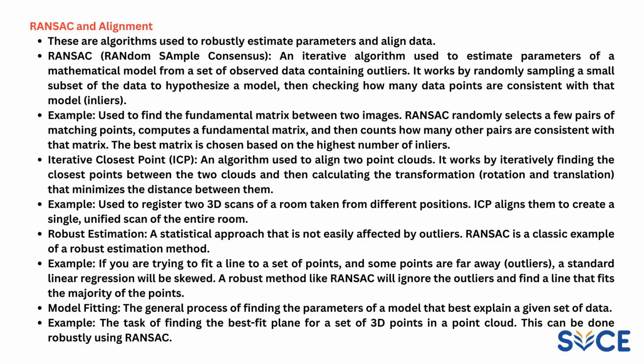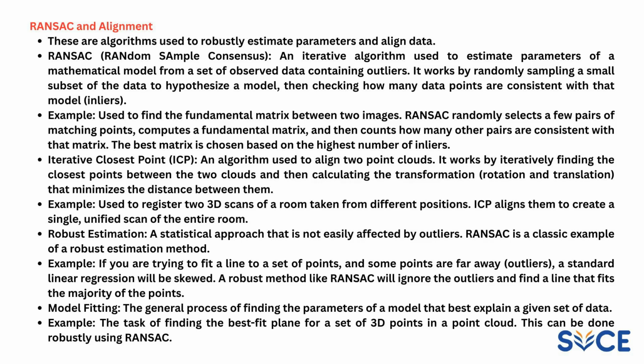As we just saw before, robust estimation means a method is robust if it can still give good results even when the data has errors or outliers. RANSAC is the most popular robust estimation technique.